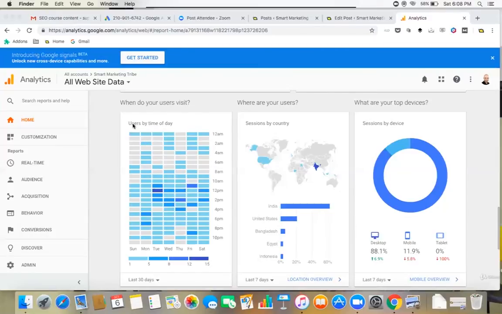And if you look at the users by the time of day, what time they come in, you can also see these metrics here. But initially, if your website is new, you need to be looking at some of the demographics, or the locations, and obviously the device metrics.